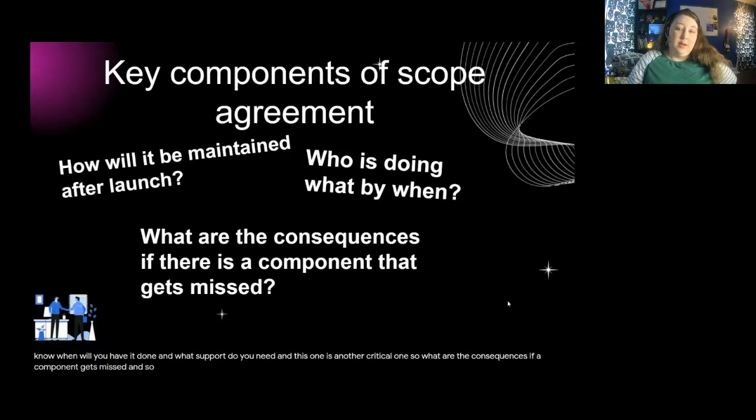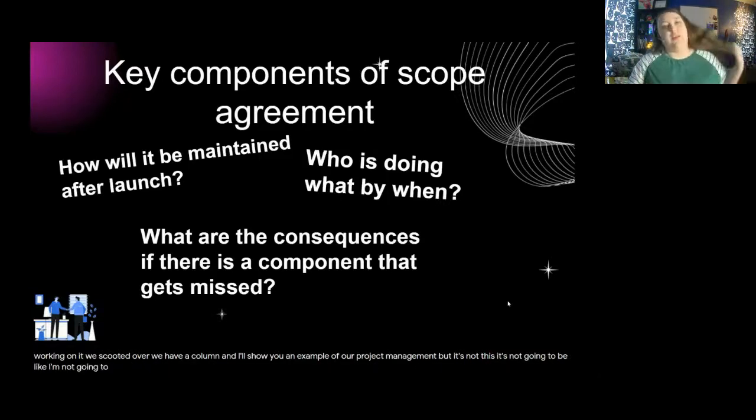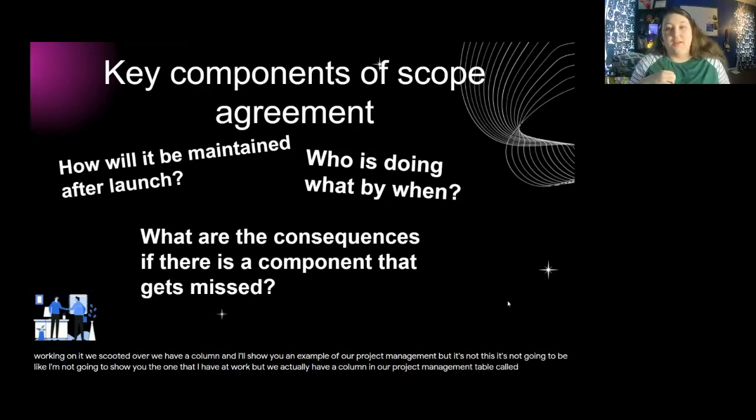And so, what happens with current projects we're working on, if we can't get a hold of the stakeholder and we're working on it, we scoot it over. We have a column, and I'll show you an example of our project management, but I'm not going to show you the one that I have at work, but we actually have a column in our project management table called stuck in the sludge.